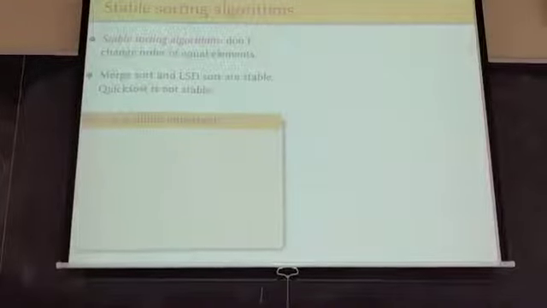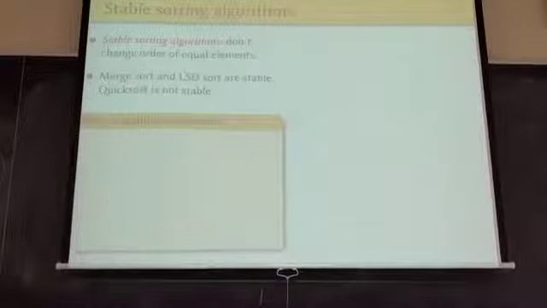Another point that I want every one of you to know is this notion of stability in sorting. A stable sorting algorithm is one that does not change the order of equal keys.